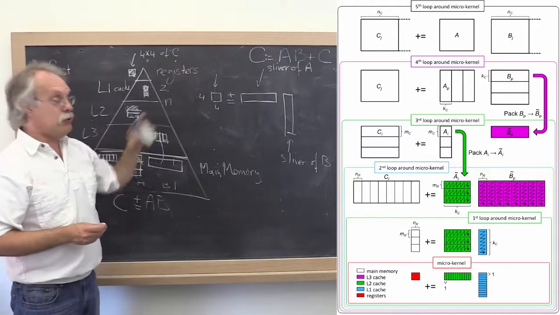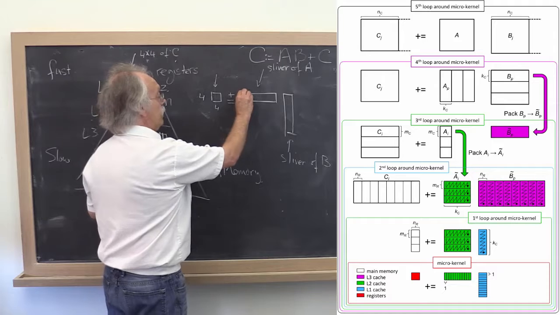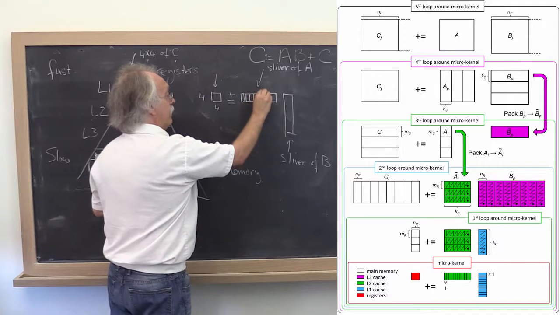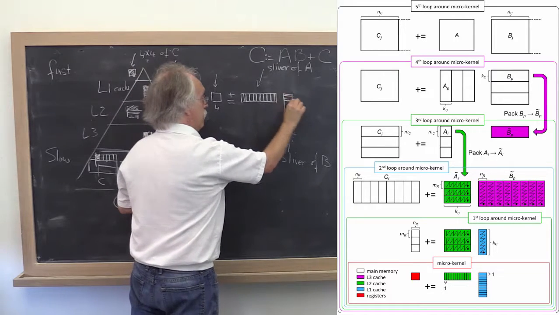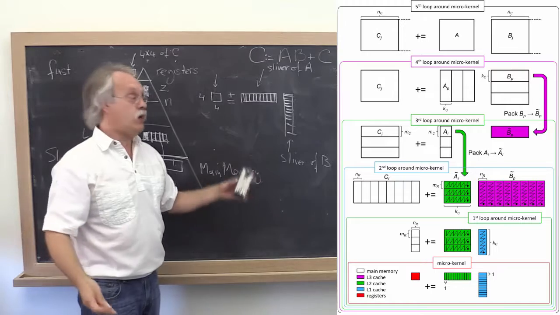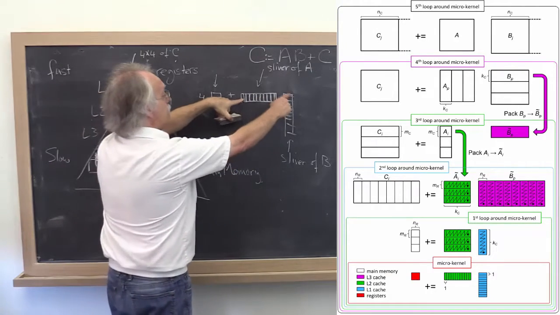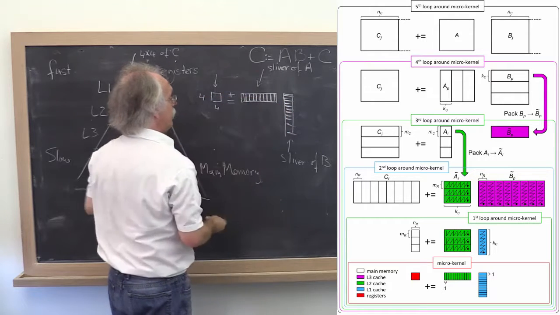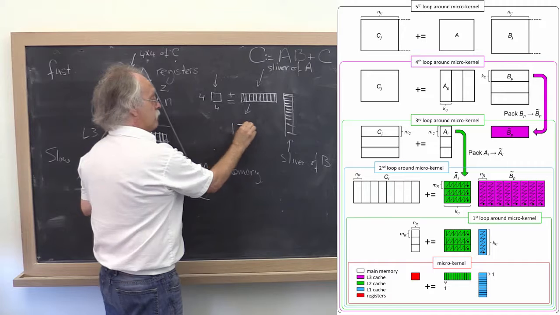How is that implemented? That is actually implemented by viewing the little sliver of A as a bunch of columns, the little sliver of B as a bunch of rows. And what did we learn when you do this one column and one row at a time? You end up doing this times that plus this times that plus this times that. Every one of those is a small column times a small row.